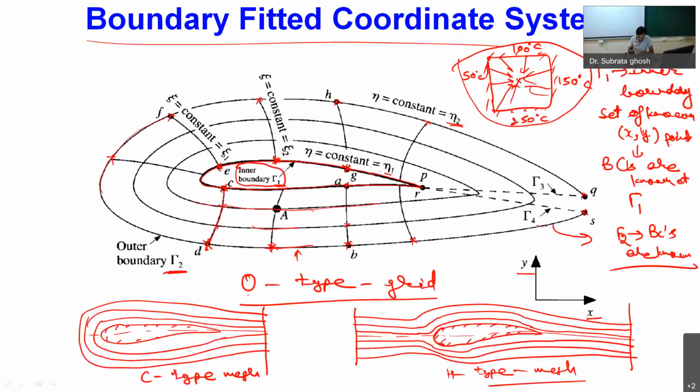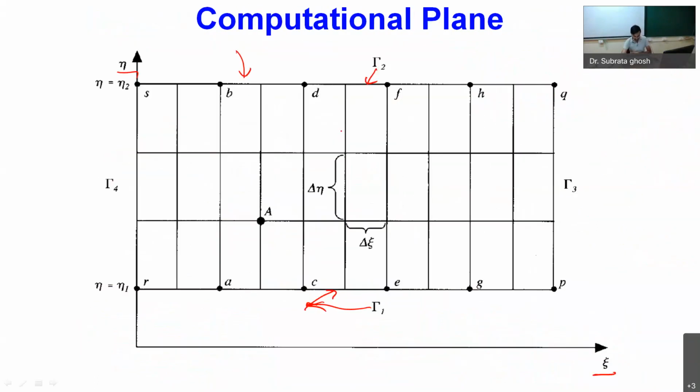Because I know the values at the boundaries, after solving these equations at different points, I will be able to find the values of zeta and eta. This is the forward transformation, but we are mainly interested in the inverse transformation, because in this computational plane we will consider some structured uniform mesh, but we want to know, corresponding to each point once we find the solution, what the corresponding point in the XY plane is.